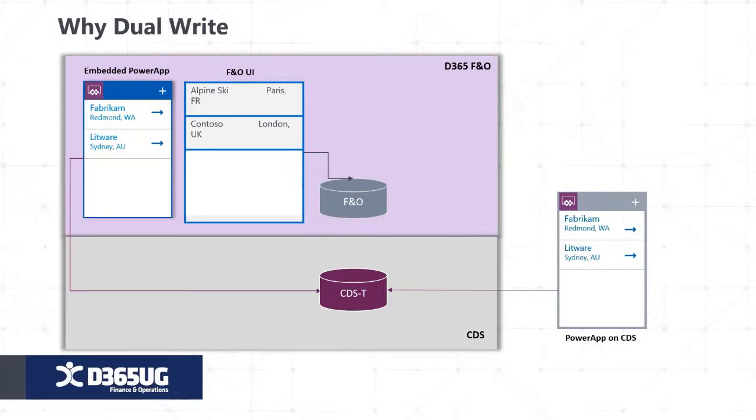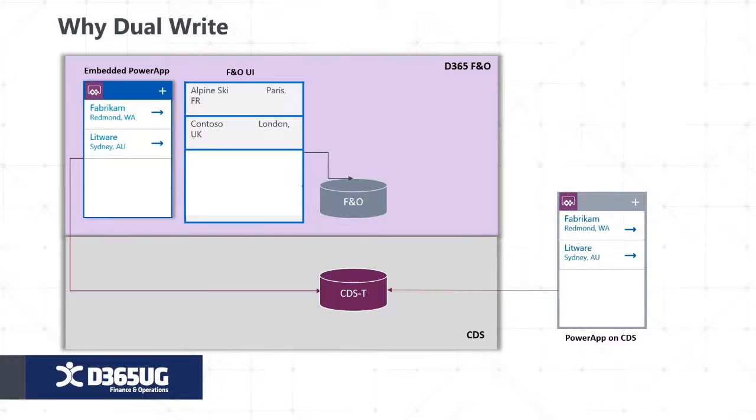If you set up a Data Integrator, you could definitely achieve this requirement, syncing these two customers across to CDS. But that requires a lot of configuration. You have to create projects and templates, and it is a manual, schedule-based process, as we saw on the first slide. This will not be real-time integration.